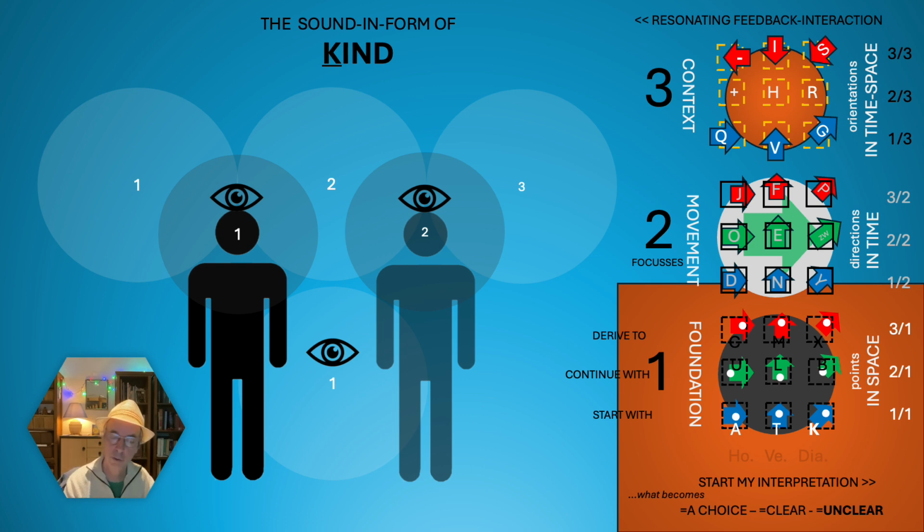We're going to focus upon the starting point of focus itself in this case, because the first letter is K. And K is one of the 3 sorts of starting points that you can have. The A, T, and K are the 3 first basic starting points into one point, into one focus, that are quite different. And these are the variations of realizations that you can have in one point.